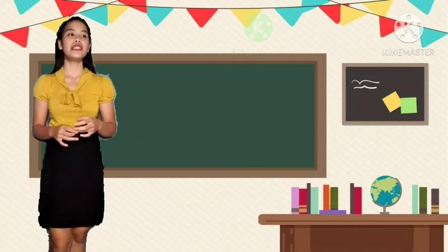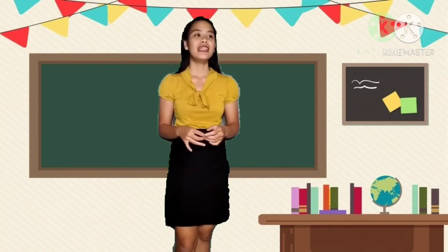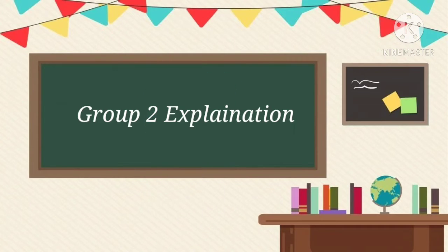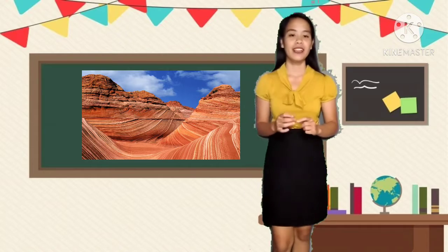So very good, group 1. You have a nice explanation. This puzzle is all about the biosphere. And now we will proceed to group 2. Leader of group 2, please come to the front and explain your work. So very good. You also have a nice explanation.